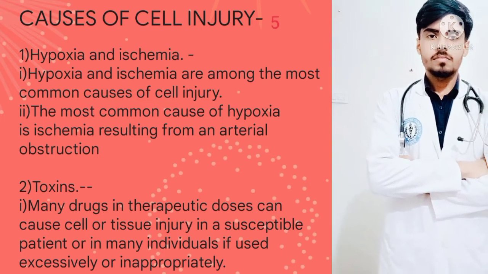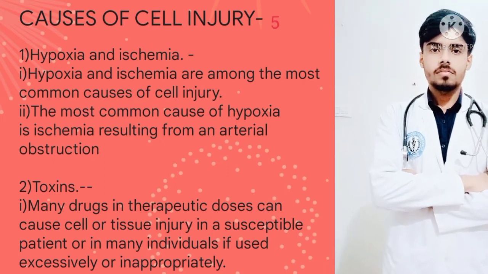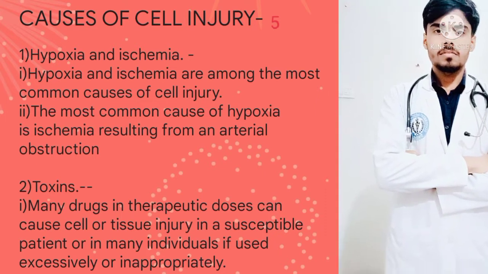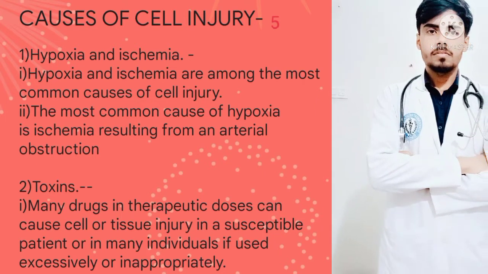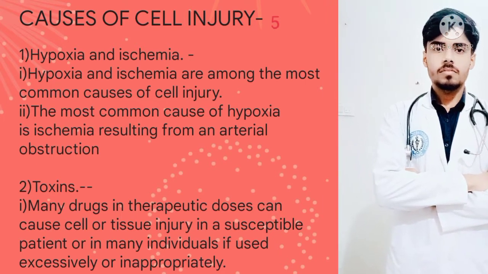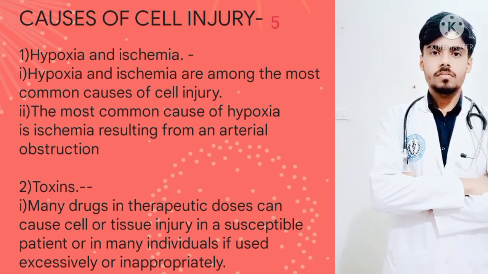The second factor is toxins. As you already know, many drugs in therapeutic doses can cause cell or tissue injury in susceptible patients, or in many individuals if used excessively or inappropriately.